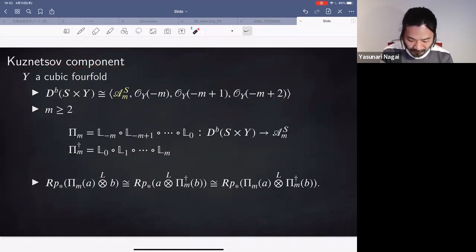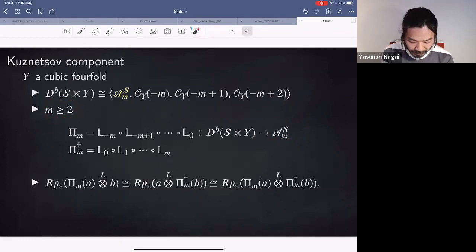And of course, by composing left mutations as many as you like, we get the projection to the Kuznetsov component. And actually, these triangulated subcategories are all equivalent if M is at least 2.